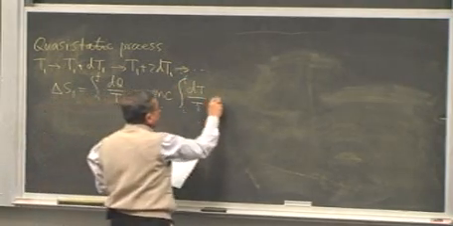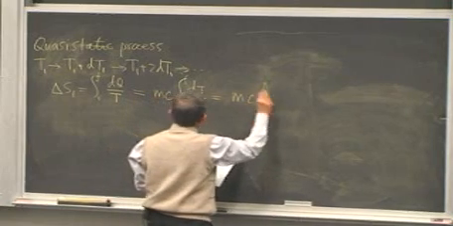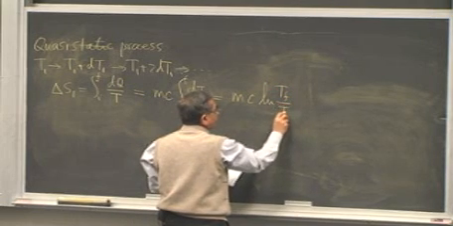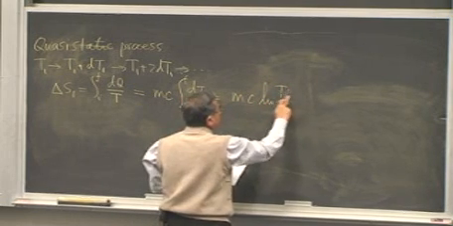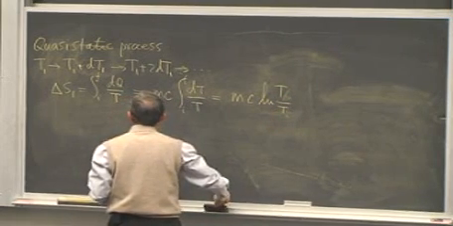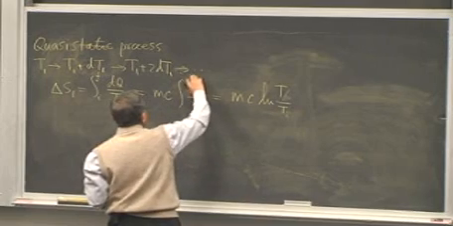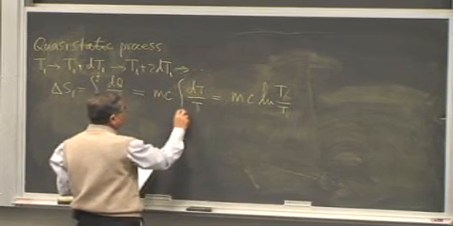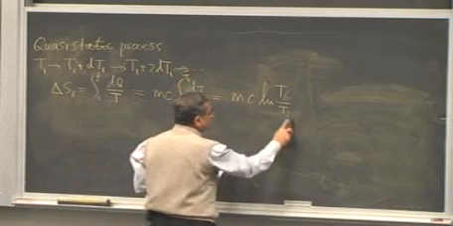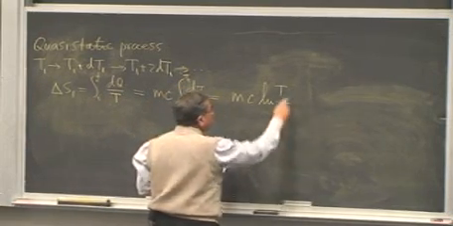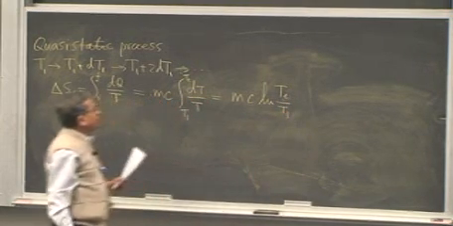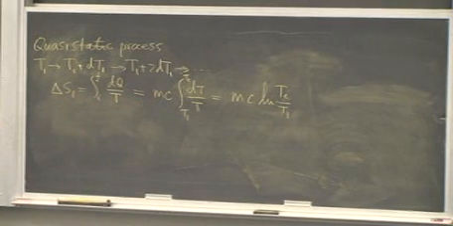Therefore this will be m times c times log of Tf over Ti. In fact, I now know what the initial and final temperatures are going to be. It will go from T1 to Te, and therefore this will be Te over T1.